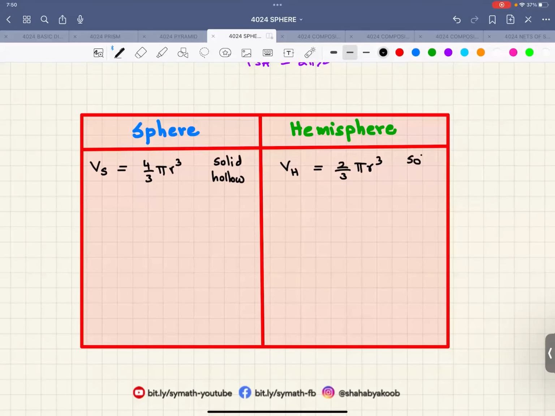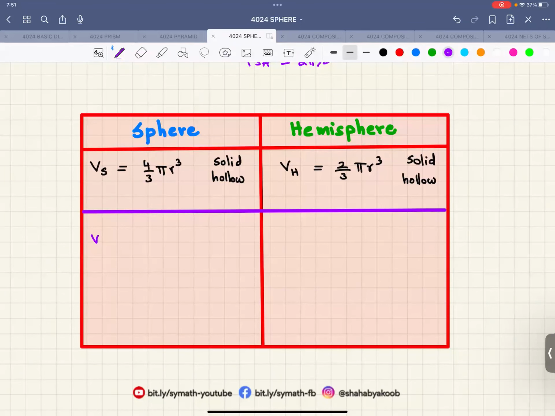Let me draw another thick line over here, like this, and let me draw a purple line. Now, I'm interested in the surface area.